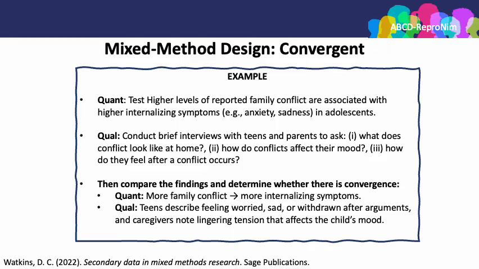And so you would hope to see convergence in your qual data reflected in maybe teens describing feeling worried, sad, or withdrawn after arguments, and caregivers noting that this tension lingers, and that it affects their child's mood more. With the qual data, you may not entirely see the same mapping of language, but you want to see a mirroring of that phenomenon explained in their own words.